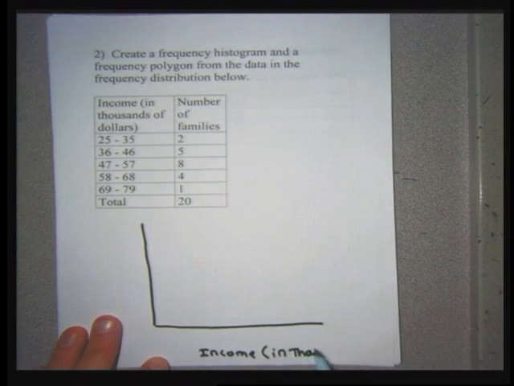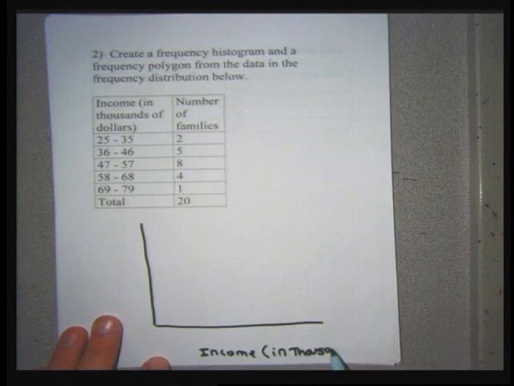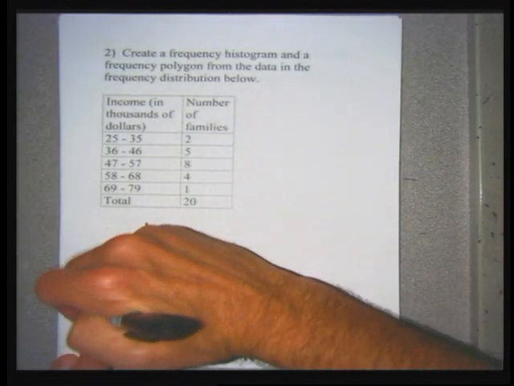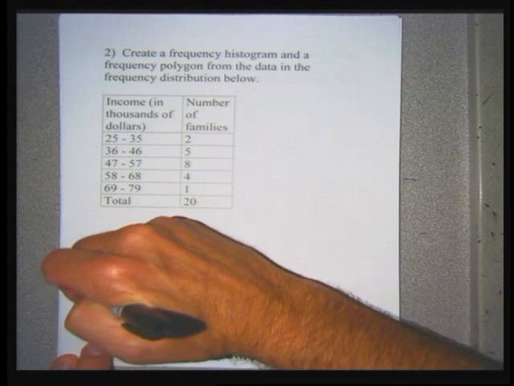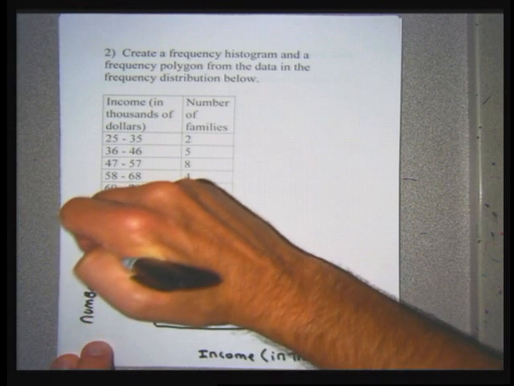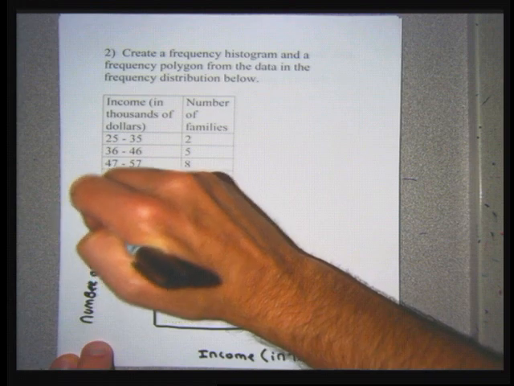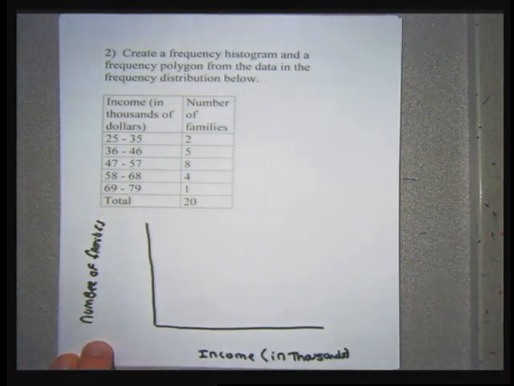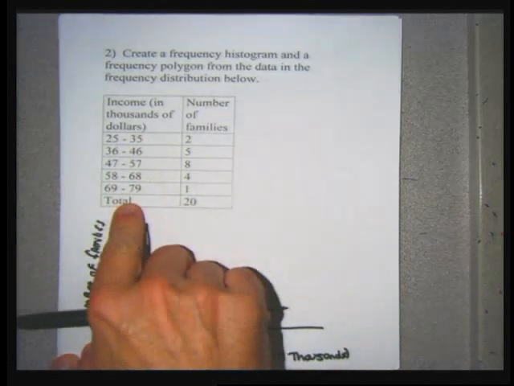Just taking the header of the x column and writing it underneath the x-axis, and then I'm going to take the header of the y column and write it along the y-axis.